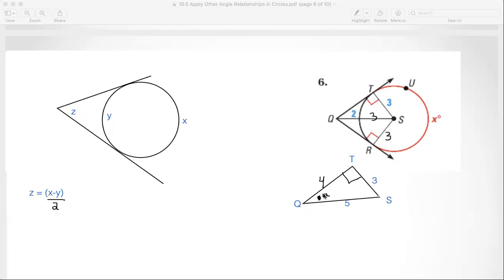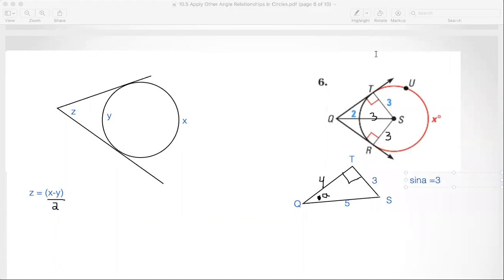All right. So how would I find A? I would use trig. Because I have all 3 sides of the triangle, I could use sine, cosine, or tangent. It doesn't matter. Guys know I love sine. So sine of angle A is opposite over hypotenuse. So that would be 3 divided by 5.